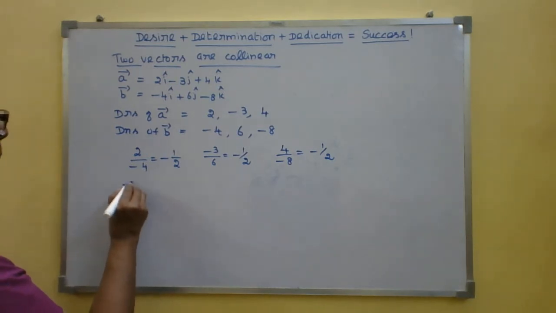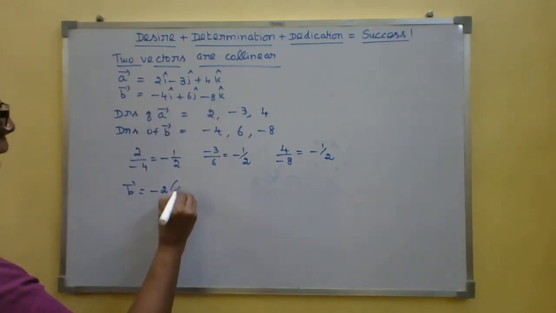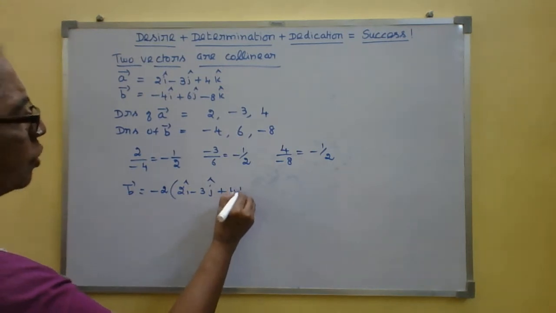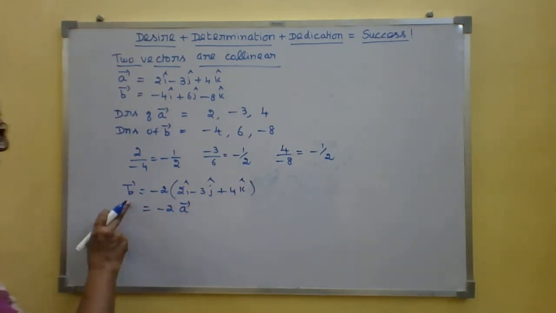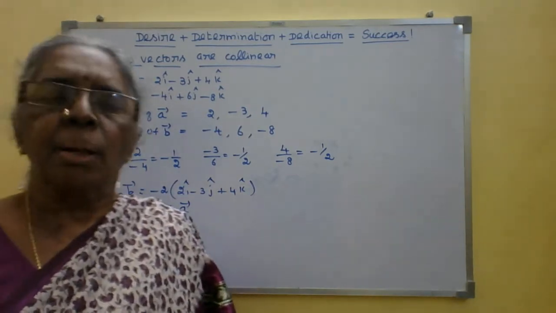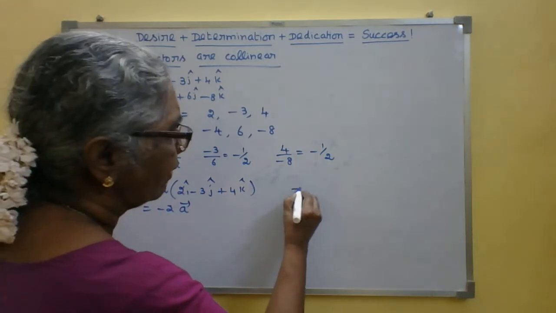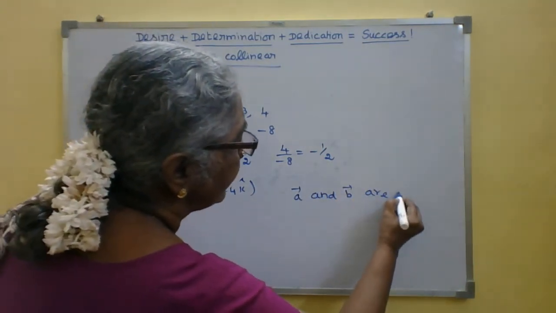I will take B vector is equal to, from here I can take minus 2 common, and inside I will now be getting 2i cap minus 3j cap plus 4k cap, which is equal to minus 2 A vector. So my B vector is minus 2 times A vector. So also I can say A vector and B vector are collinear.